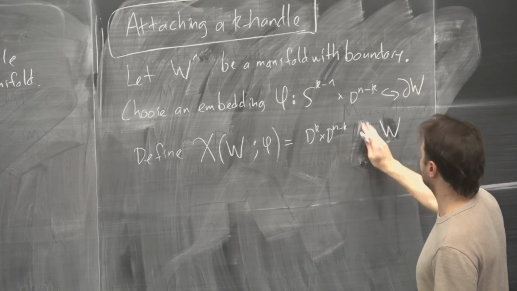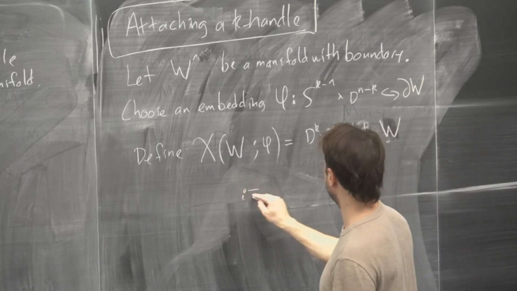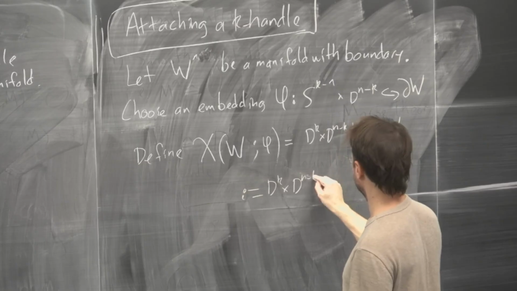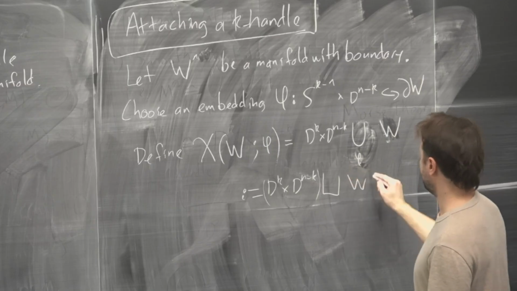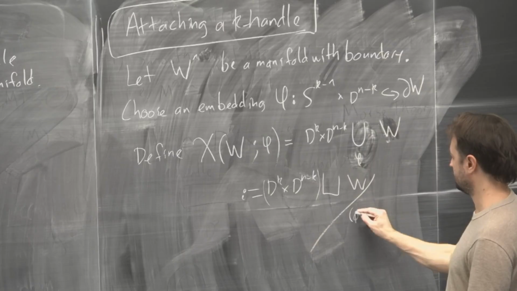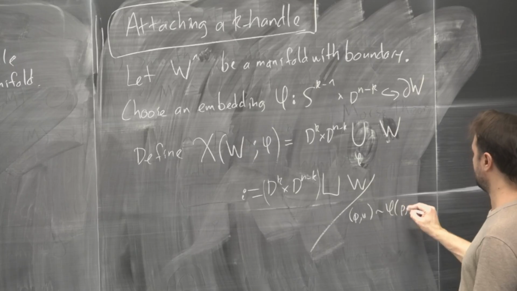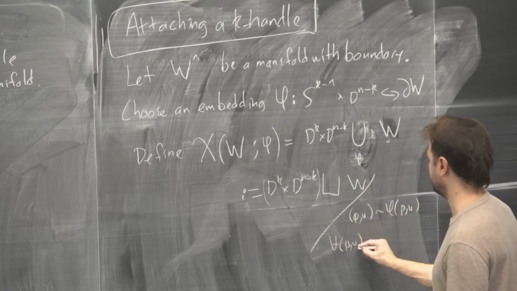This is the notation we're going to use. We're going to take a union over phi. What this is actually defined to be is, if you take a disjoint union of these two spaces and you take the quotient modulo (p, q) being identified with phi(p, q) for all pairs in the attaching region.